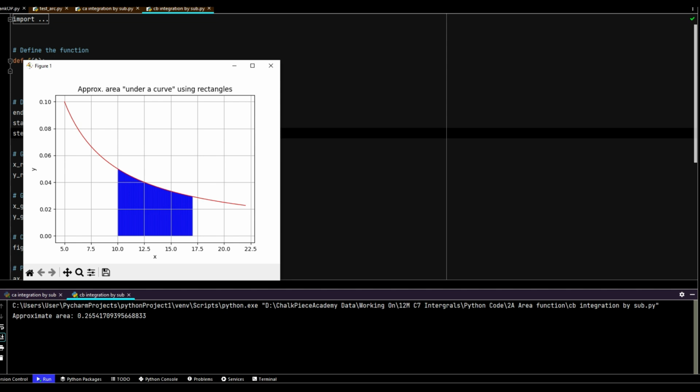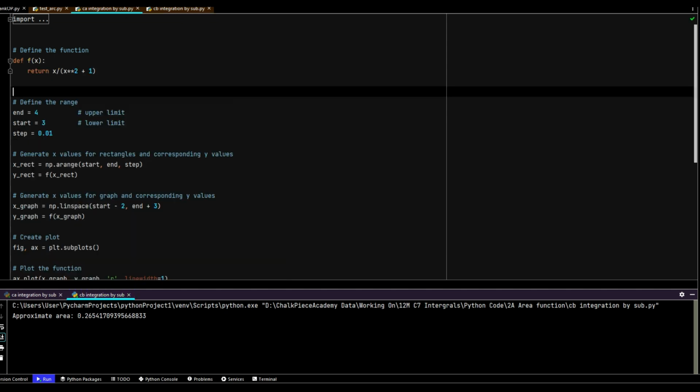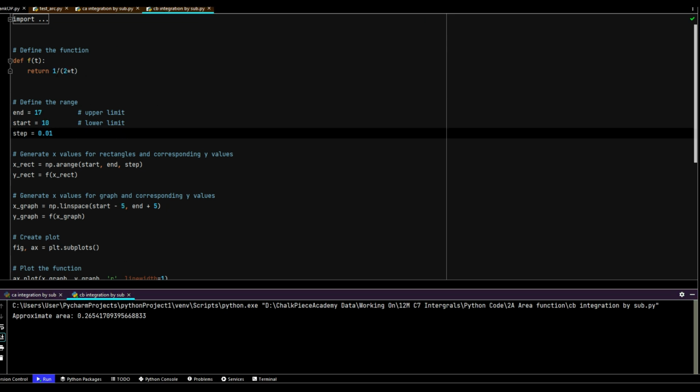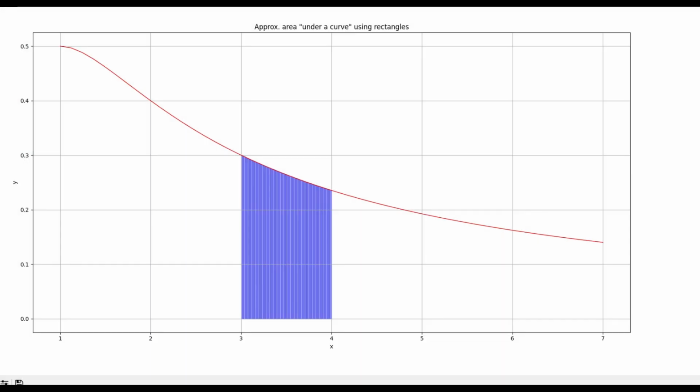You can see that here too it is 0.266. Same number. Can you see that? This is x by x squared plus 1. That's the expression and this is your answer. When I press the other one, which is 1 by 2t, 17 to 10, we have the same number and these are your graphs.